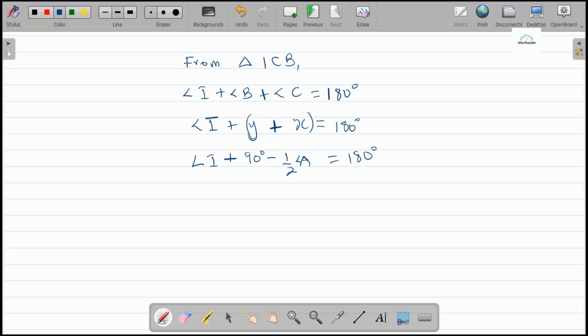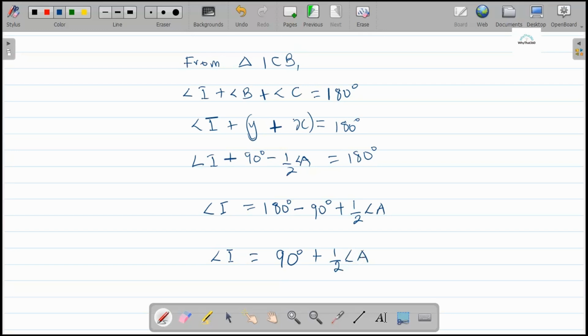Now let's make angle I the subject. Making angle I the subject gives 180 degrees minus 90 degrees minus half of angle A, and then the angle at I finally becomes 90 degrees plus 1/2 of angle at A.